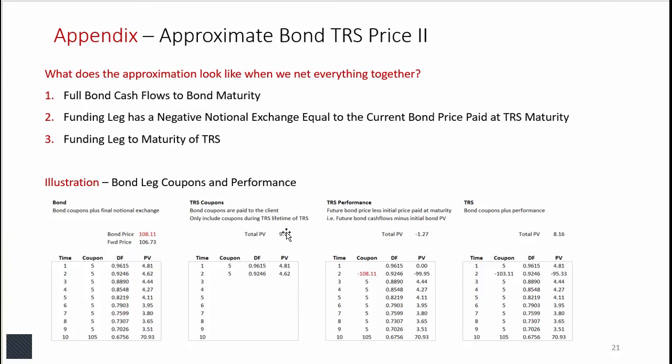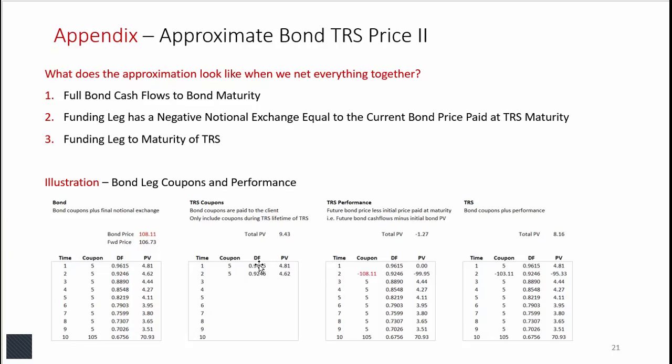Now, performance, as I mentioned earlier: in this case, if we're paying performance at year 2, the performance is going to be whatever the future price of the bond is, minus the current value of 108.11. I put the 108.11 here because this performance payment is being made at year 2.